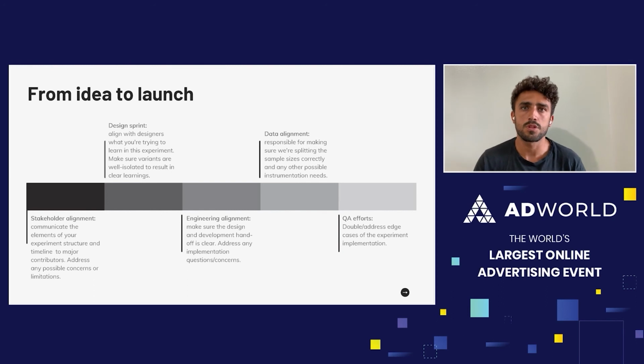Share documents with them, an experiment doc, to make sure they align with you. After 1 or 2 weeks, where you talk to a bunch of people, they know that this is coming.